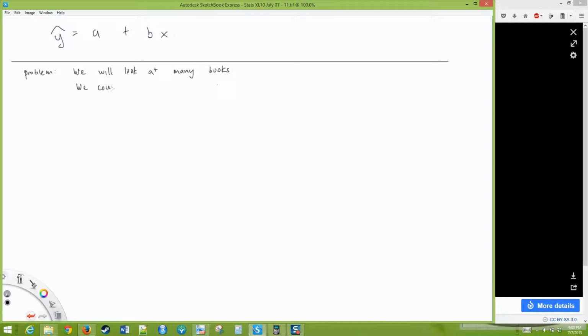We count the number of pages, and so this is one variable, and we measure the thickness of the book. Okay, so we've got two variables, and I'm going to just call this pages and thickness. All right, so we have two variables.